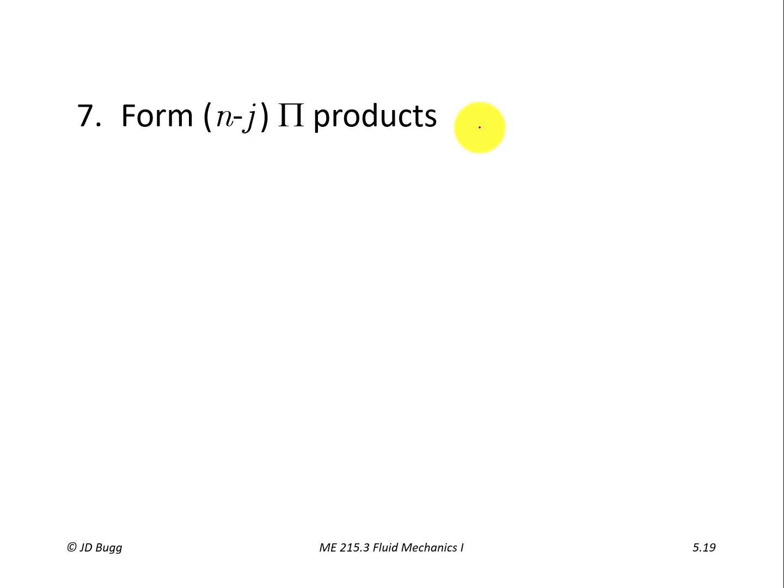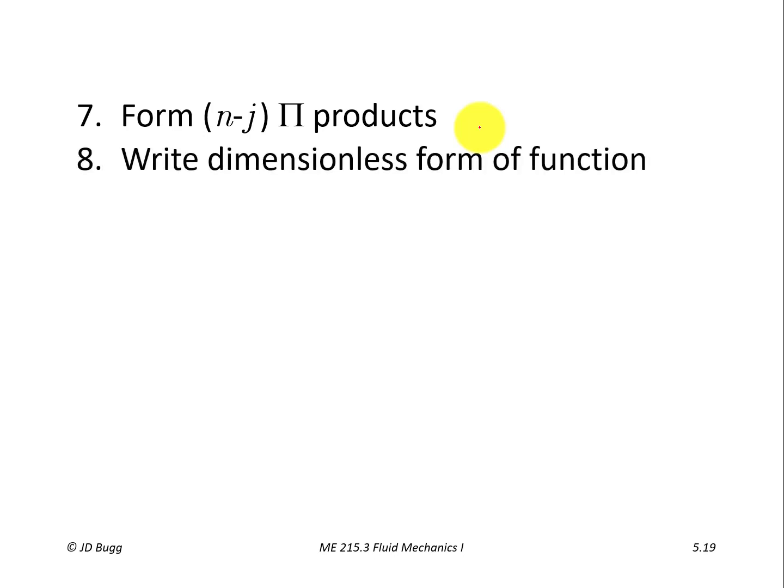Most of the work in the Buckingham Pi theorem is actually in step 7 here. So the final step after we've formed those pi groups is just to rewrite our function in dimensionless form. So the final result is the function, and by function I mean how does the dependent variable depend on the set of independent variables.